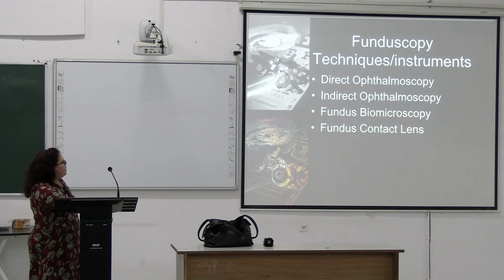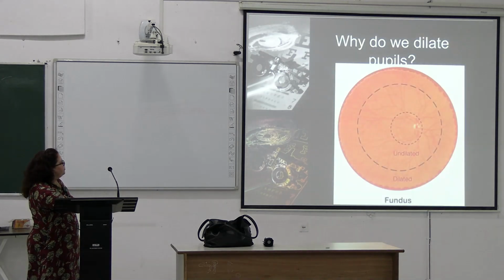And the techniques are direct ophthalmoscopy, indirect ophthalmoscopy, fundus biomicroscopy and fundus contact lens. Fundus contact lens is done with the help of a contact lens, and fundus biomicroscopy is done with the help of a plus 90D lens.